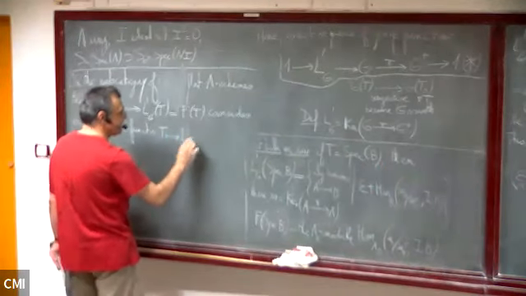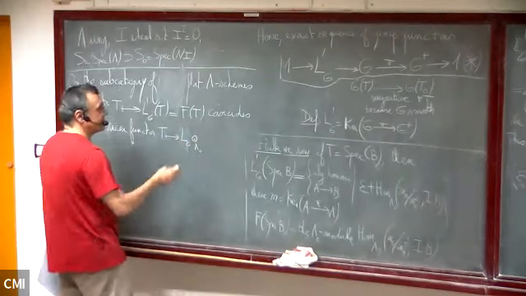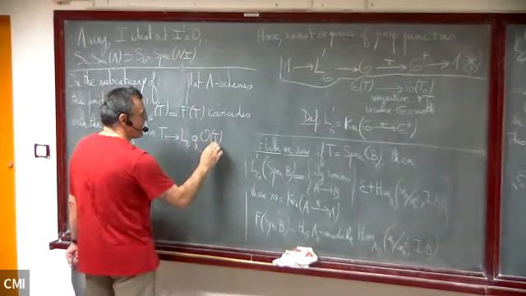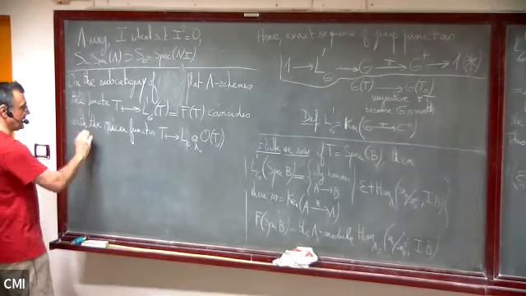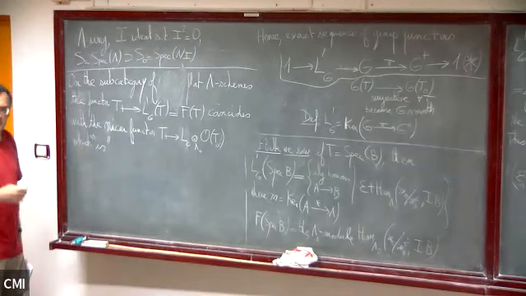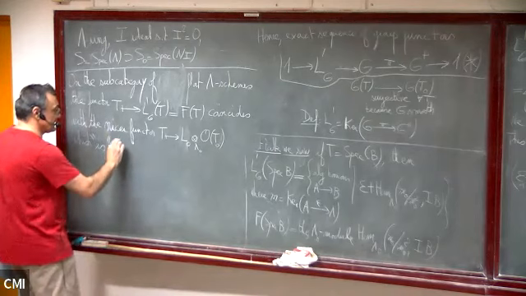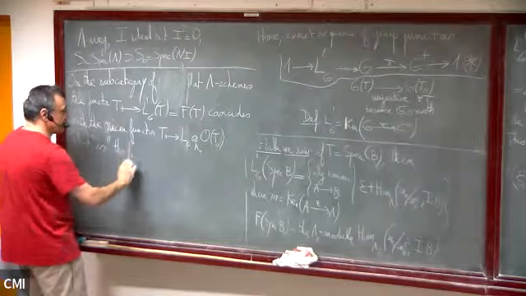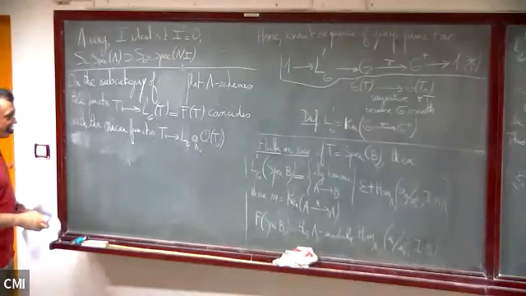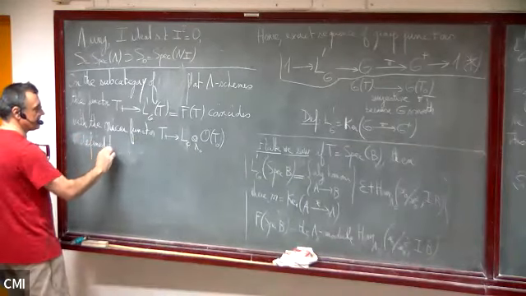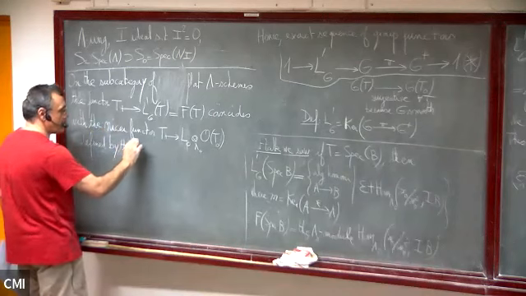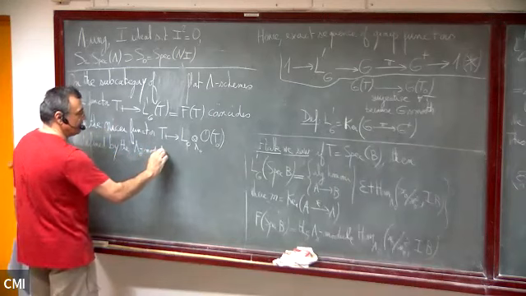We just take this and we tensor over lambda 0 with the ring of functions of T0. So this functor is defined by the lambda 0 module L0.